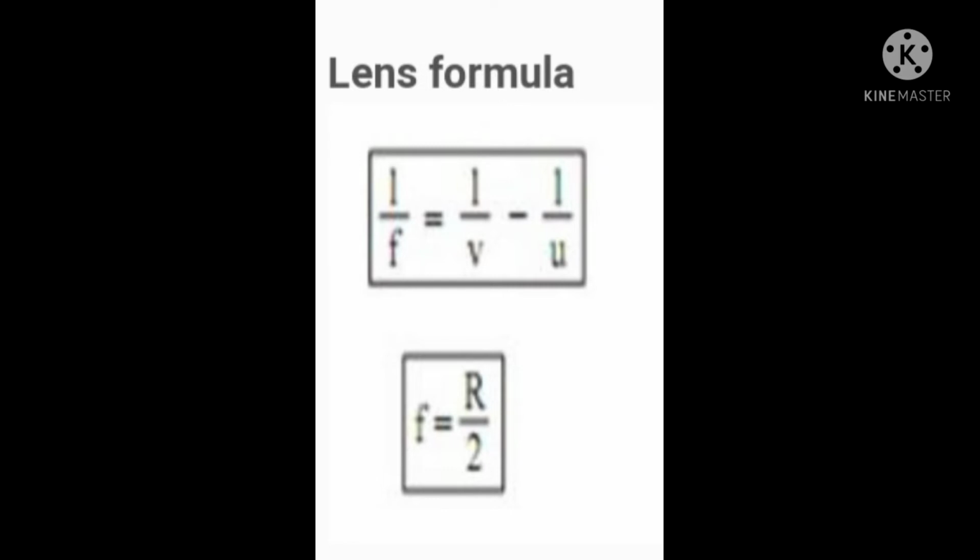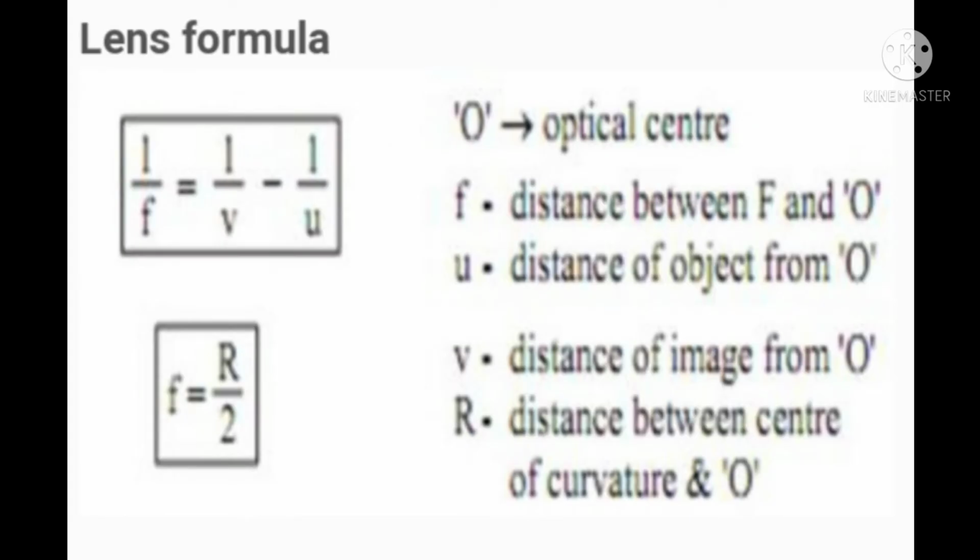The lens formula is expressed as: 1 by f is equal to 1 by v minus 1 by u. Here O is the optical center, and f is the distance between capital F, the focus point, and O; that is the focal length. u is the distance of the object from O, v is the distance of the image from O, and R is the distance between the center of curvature and O. In terms of focal length we have the relation f equals R by 2.